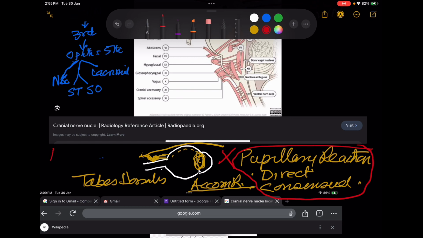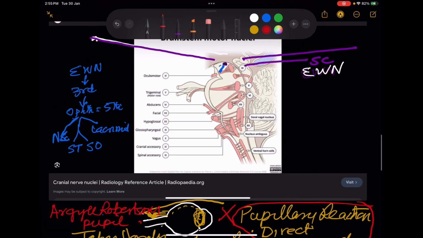And this type of pupil is called Argyll-Robertson's pupil. So this is the peculiarity of the third nerve, and that peculiarity is in the Edinger-Westphal nucleus.